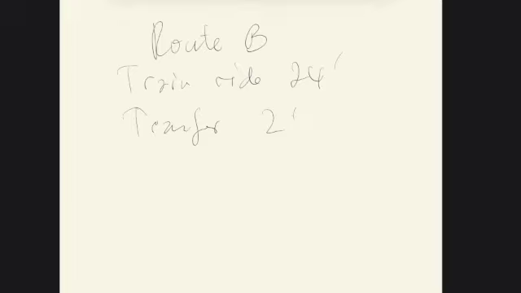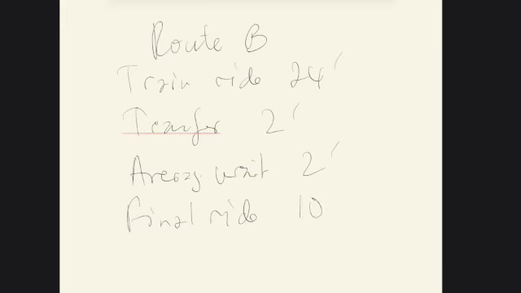Average wait, 2 minutes. Final ride, 10 minutes. Which route is faster based on what you're looking at and by how much? Please pause the video, calculate it, then put your answers in the comments.